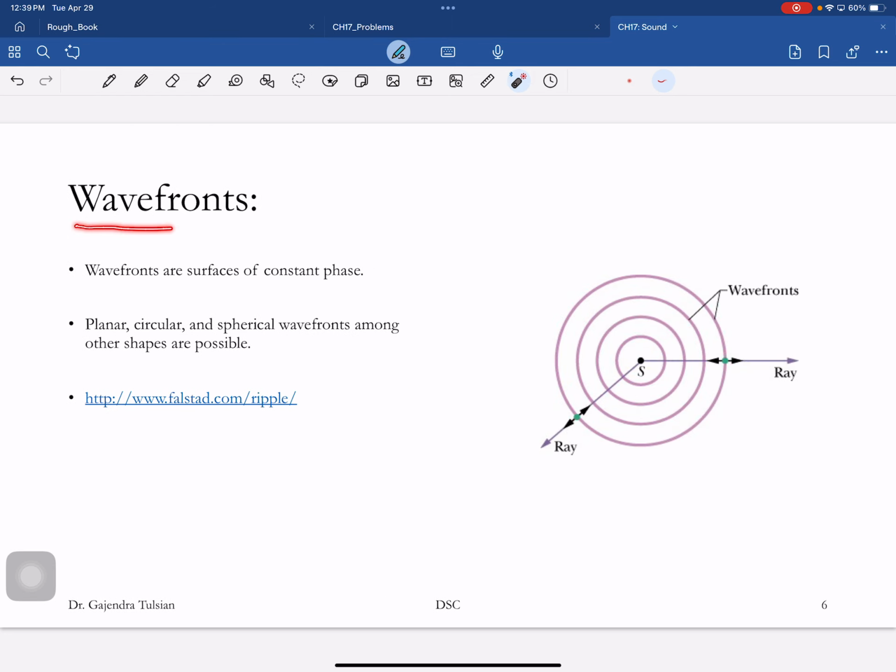Have you heard of the term wavefronts? Let me show you a wavefront.